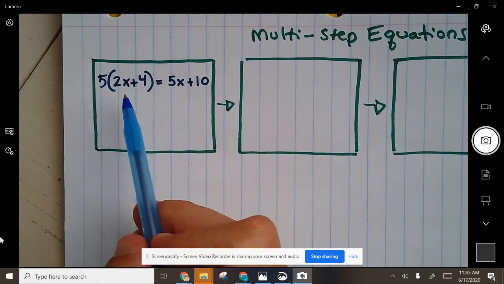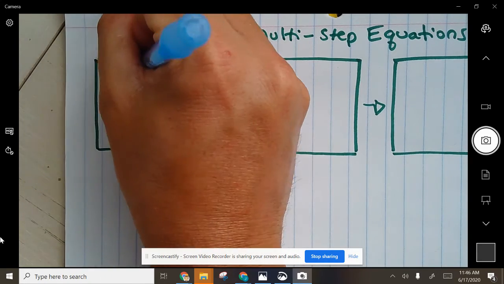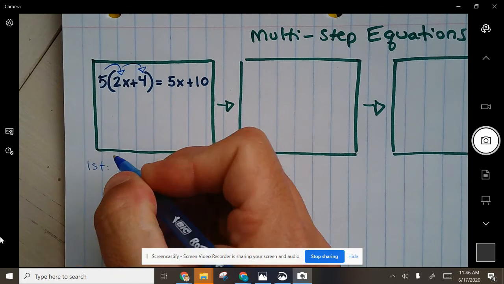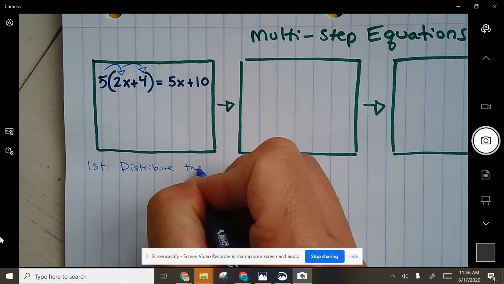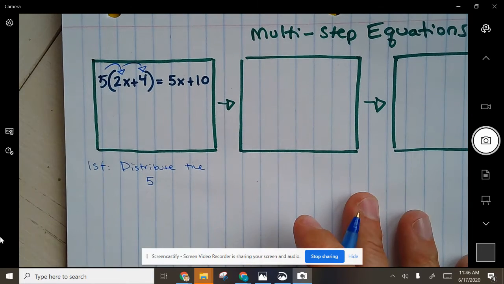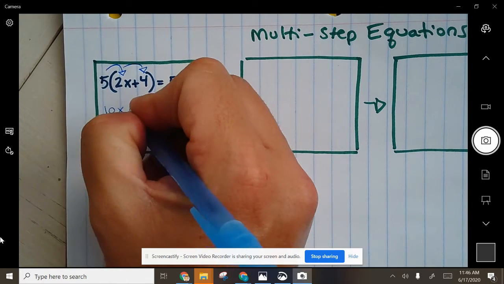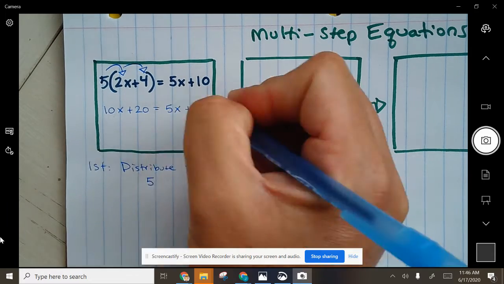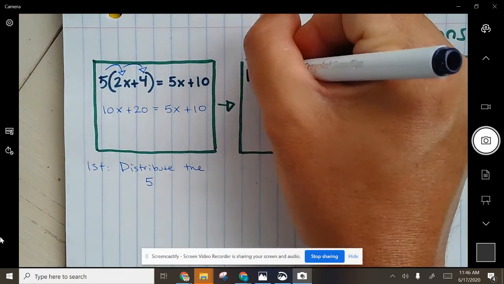This shouldn't be too difficult, but we're going to have to multiply first. So your first step would be to distribute the 5. Okay, so let's just do that real quick. Distribute the 5. And there is your first step done.